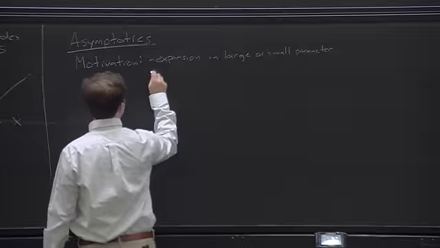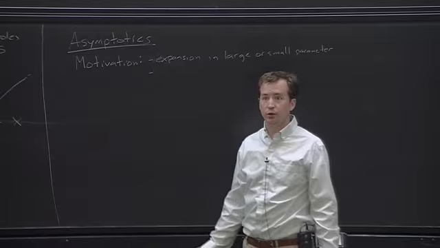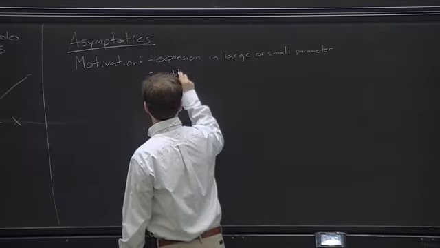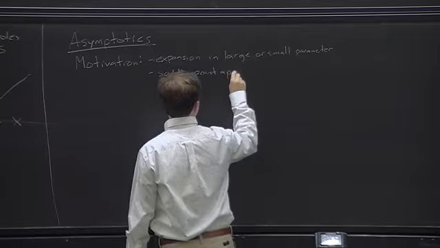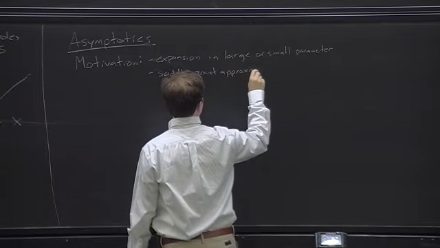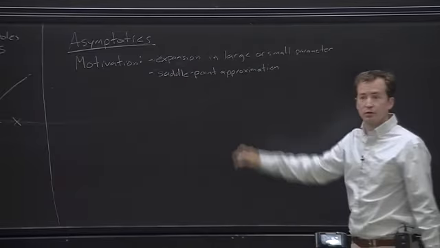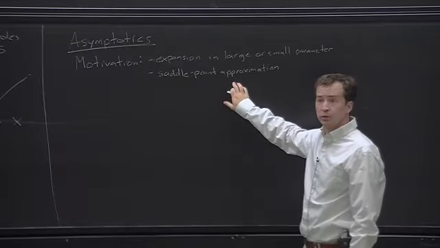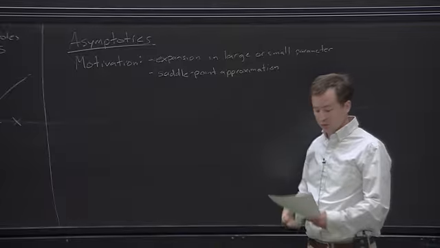And one of the main approximation techniques we'll use in quantum field theory is called the saddle point approximation. We'll discuss it tomorrow and in a special case today. And the saddle point approximation does not, in general, give a convergent series. It gives an asymptotic series.